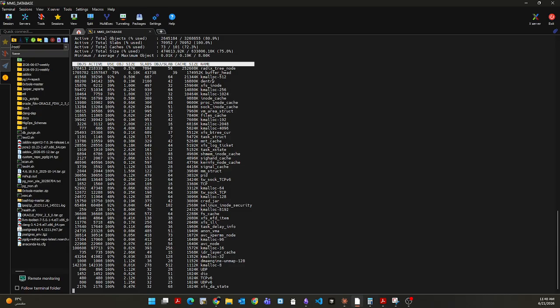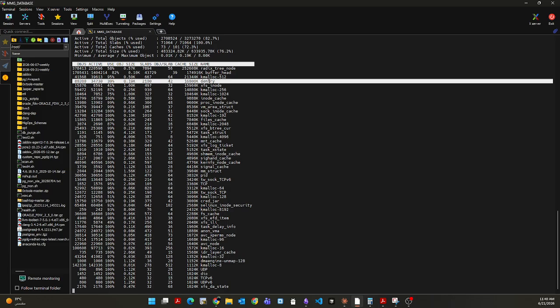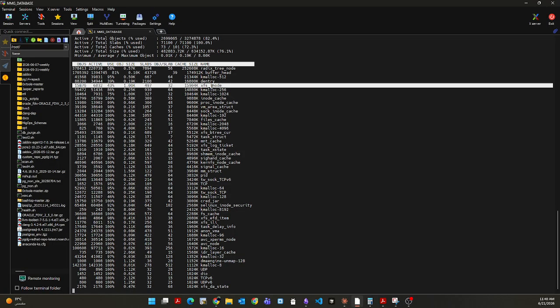So there is a hash table called the dentry, which helps the system, so you won't go through the file system every time you access one file. The next access is way easier because you know exactly where that file exists in the file system. Okay, so this is the dentry, and there is also the XFS inode.